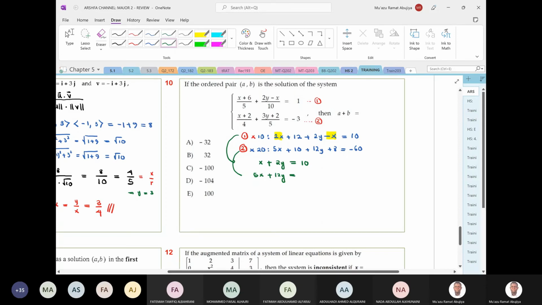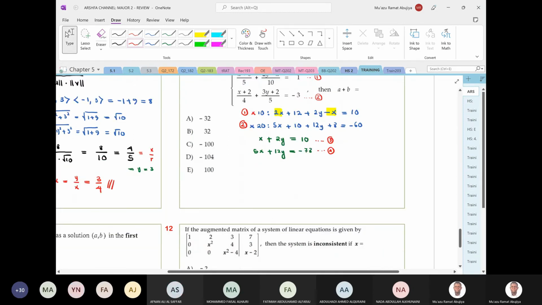18, take it to the other side. That is going to be minus 60 minus 18. That is going to be minus 78. Right? I hope I'm correct. Now, let us call this one here equation number 3. And let's call this one equation number 4 for simplicity. Now, we can use the elimination method easily. We can eliminate x or eliminate y. If I want to eliminate x, for instance, I would say equation number 3, let's multiply it by minus 5.